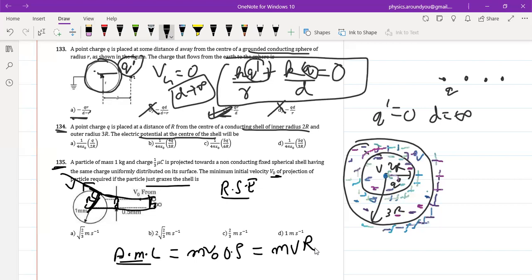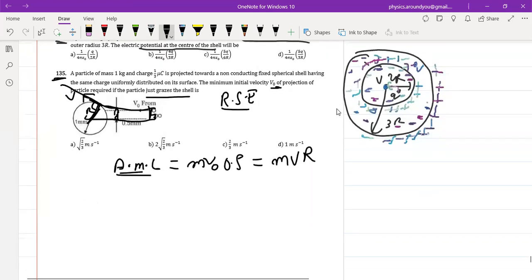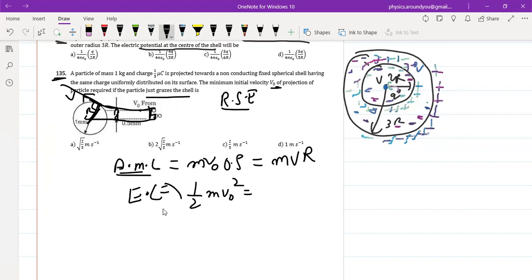Angular momentum conservation. Now what would be the other conservation condition? Of course, energy conservation. Initially it was half m v naught square kinetic energy. Now when it is at this point, its potential energy is K Q1 Q2 by R, where R is this 1 mm, plus here also there is some kinetic energy, half m v square.